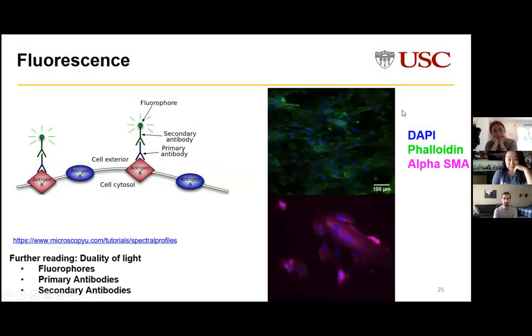I wanted to show you guys these pictures because I don't want to say that science isn't art, because I feel like that's too cliche, but something that I'm working on right now is trying to figure out a primary antibody that'll work best with my cells, because there are numerous anti-alpha SMA antibodies out there, but for some reason they're manufactured differently, so one might work better than the other.